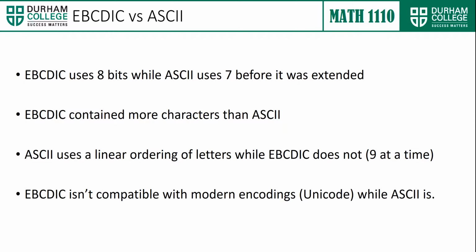So it would only deal with 9 alphabets at a time. Unlike ASCII, which doesn't stop mapping the alphabets until all of them are done. So this is also something to keep in mind.